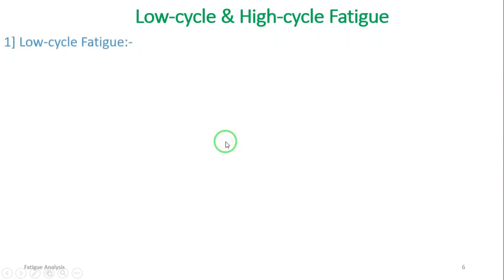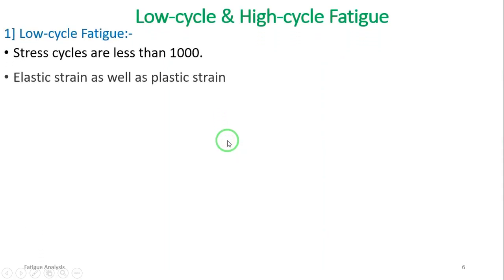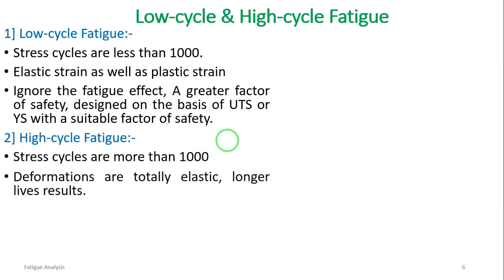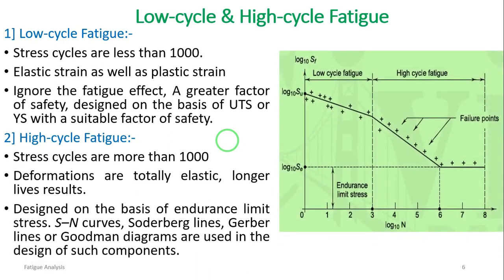So in the next slide we are going to explain what is meant by low cycle fatigue and high cycle fatigue. First is low cycle fatigue. Here in low cycle fatigue, the stress cycles are less than 1000. Whenever you find a life having stress cycles less than 1000, it is known as low cycle fatigue.